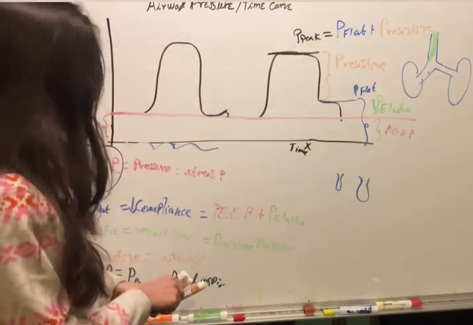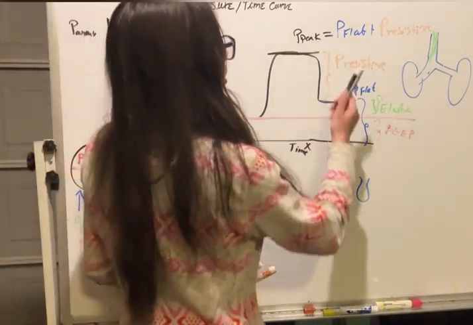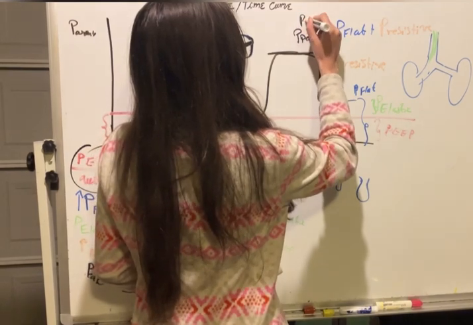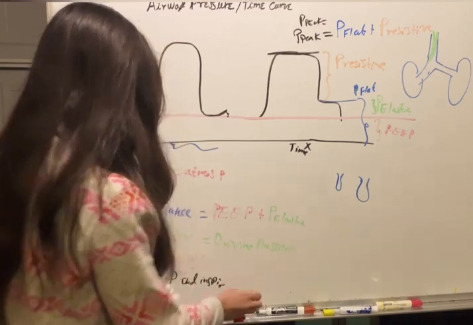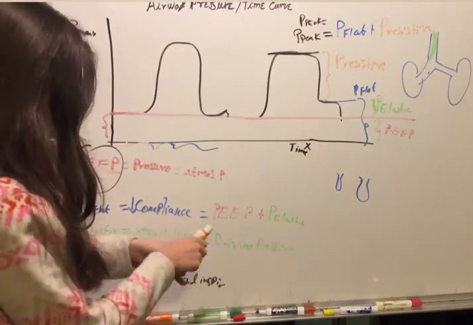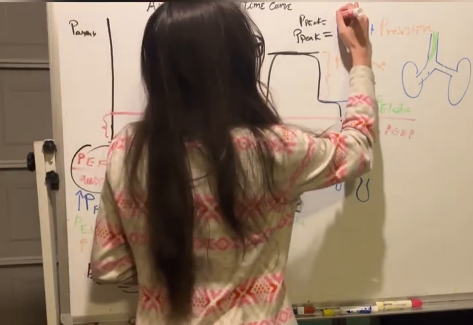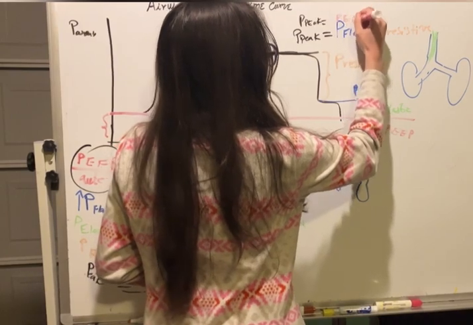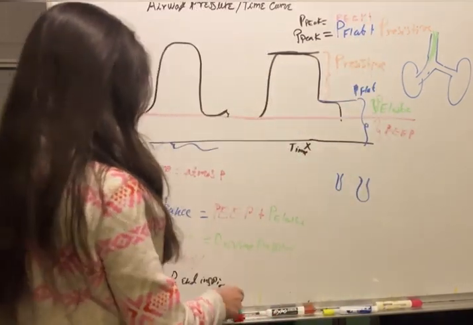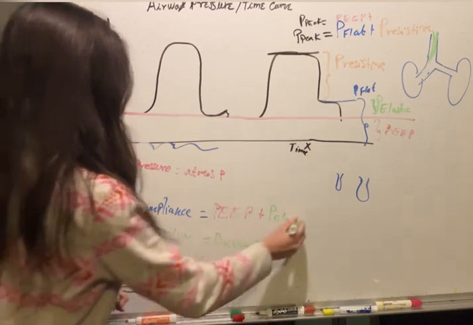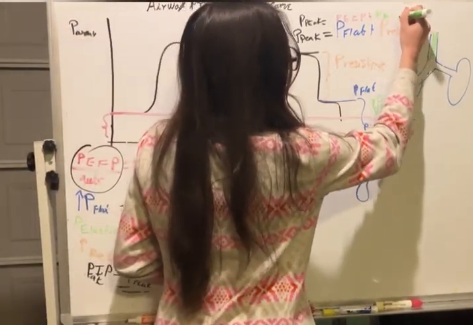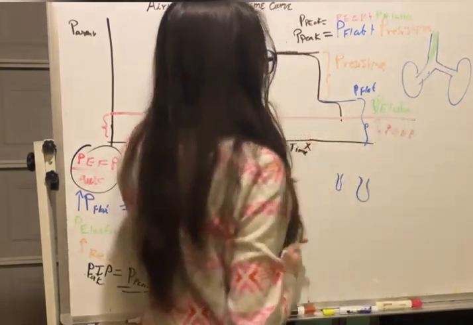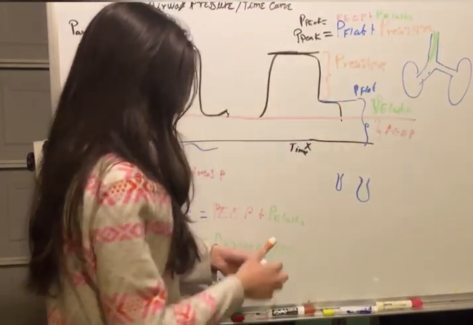So the peak pressure is equal to the positive end-expiratory pressure plus the elastic pressure plus the resistive pressure.